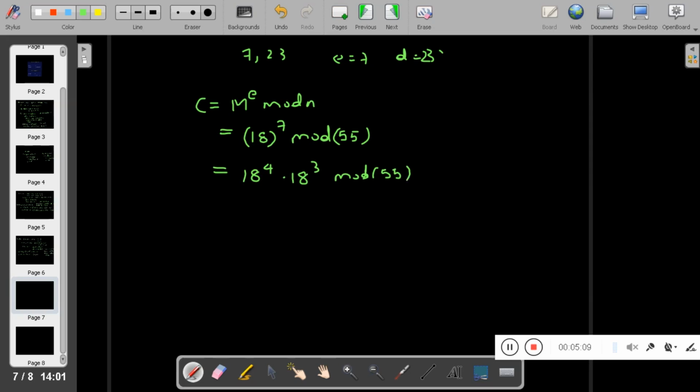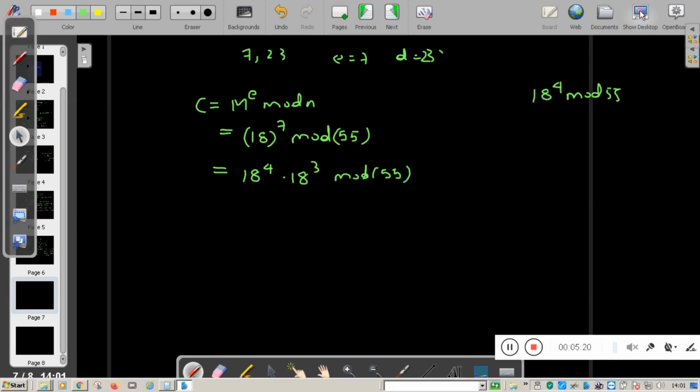So you need to solve this now. First you need to solve 18^4 mod 55. So let us first find 18 raised to the power 4 mod 55. Let me use the calculator here.